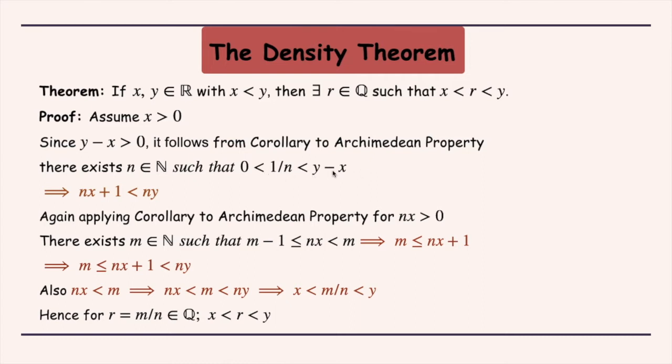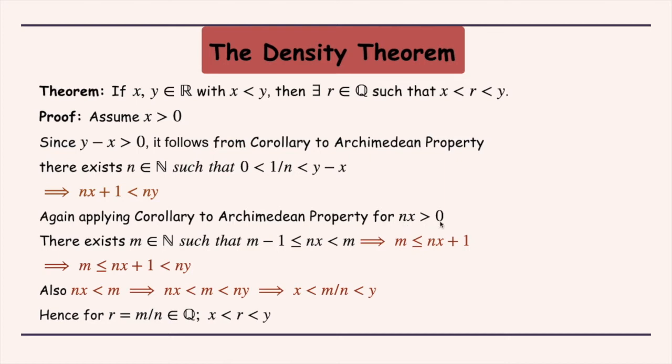From this inequality, we can say that nx plus 1 is less than ny. So, this is one result which we have arrived at using this inequality. Now, we again apply another corollary to the Archimedean property for the real number nx, which is definitely positive because we have earlier assumed that x is a positive number and n being a natural number is definitely positive.